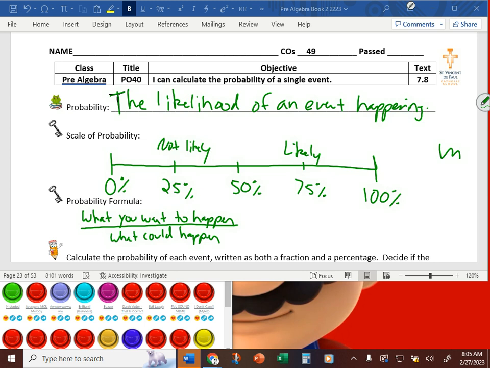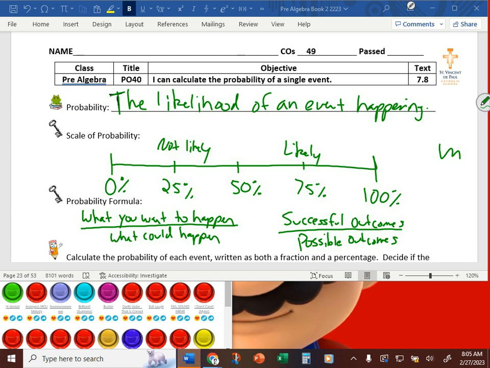Another way to write that very same definition would be successful outcomes. This one's a little bit shorter. Successful outcomes divided by possible outcomes. Okay, successful outcomes divided by possible outcomes.